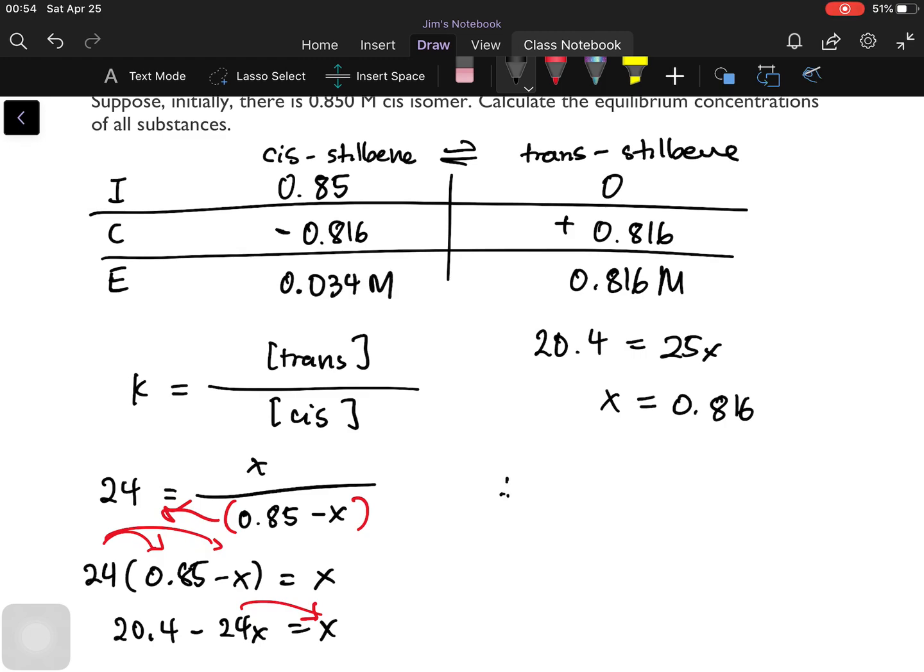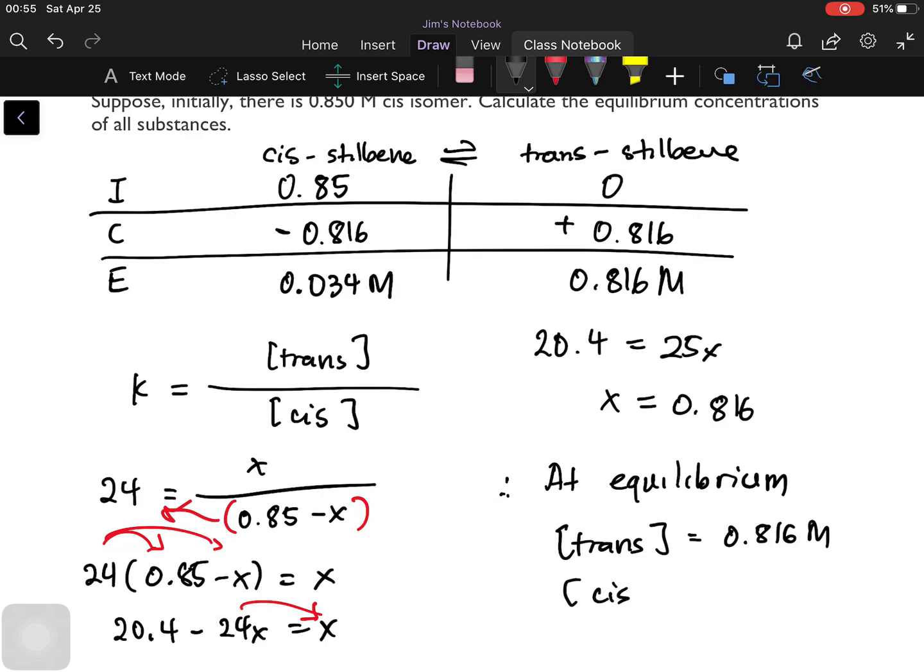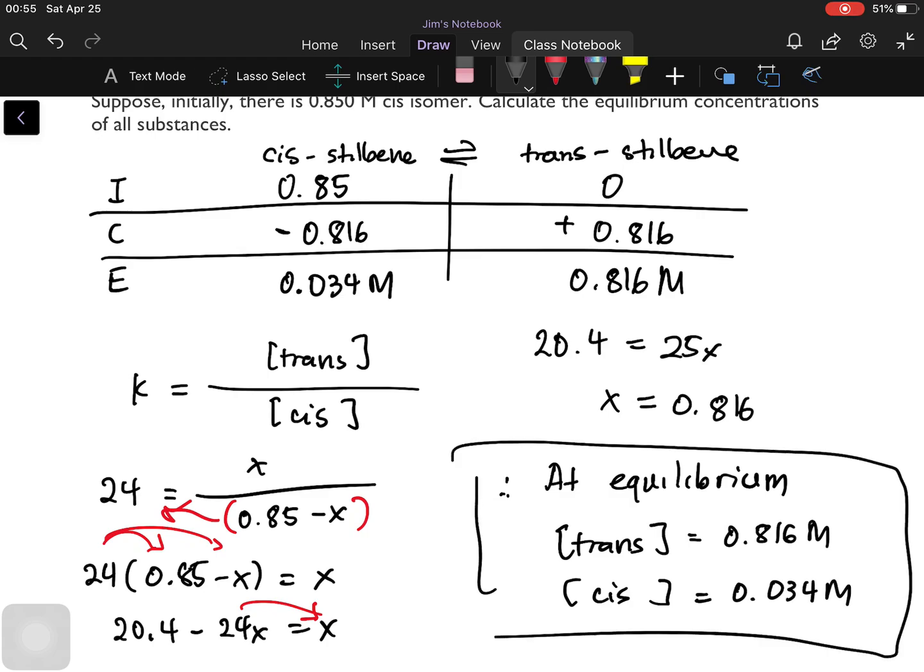So at equilibrium, the concentration of trans is 0.816 molar. The concentration of cis is 0.034 molar. So that is the final answer.